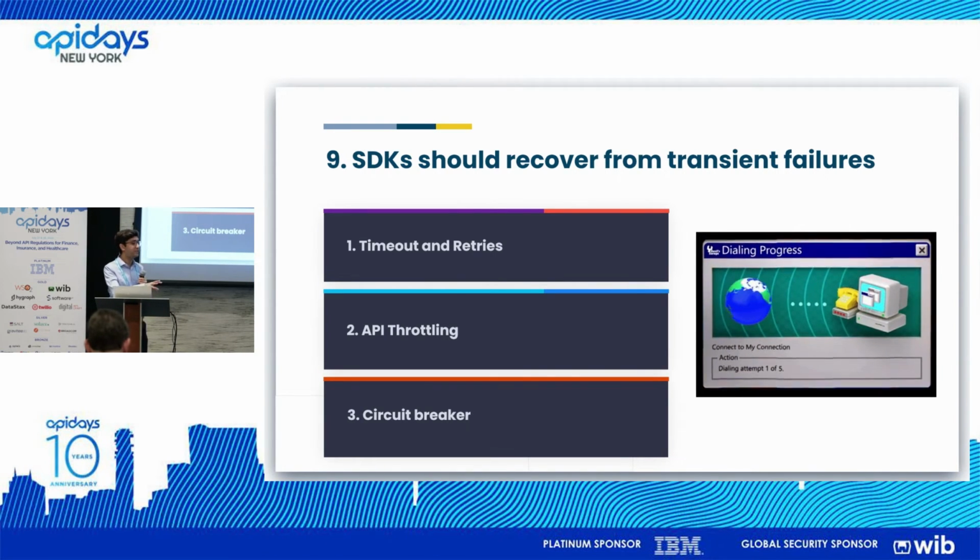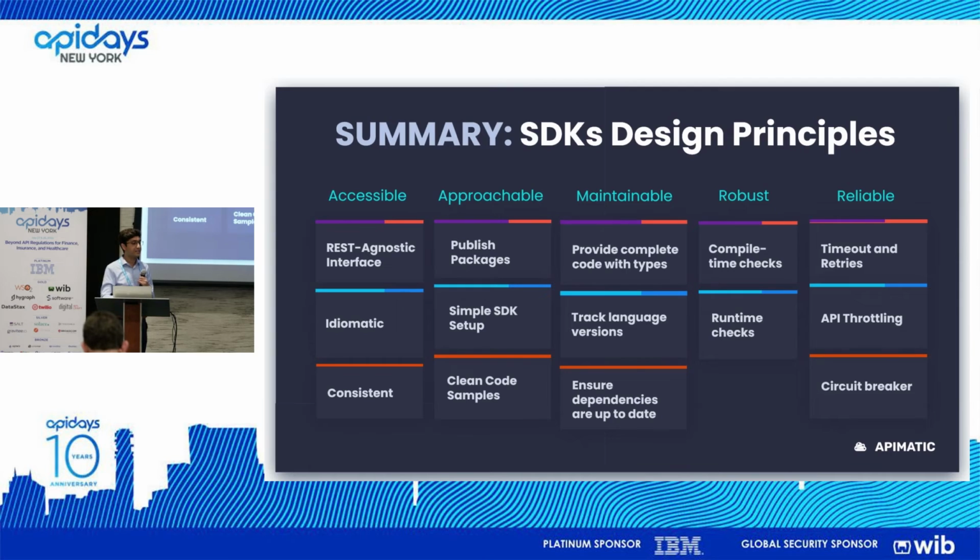So all these points, what we did is that my team also organized these into a matrix. This matrix shows what design principles we are aiming for when we are designing a software development kit for APIs. And what you want is for SDKs to make API integration code more accessible, approachable, maintainable, robust, and reliable.